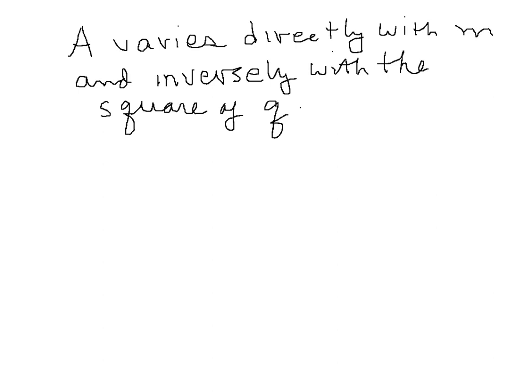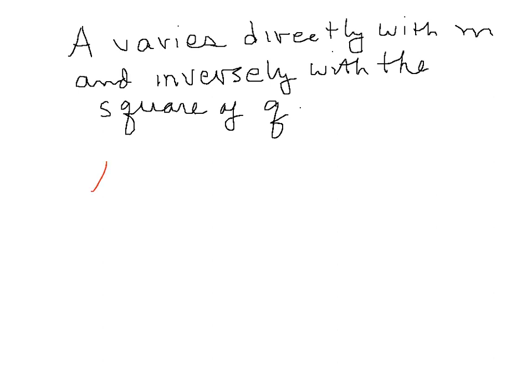So check out this statement. We have actually two types of variation going on in one. We're told that A varies directly with M and inversely with the square of Q. Sounds complicated, but it isn't.